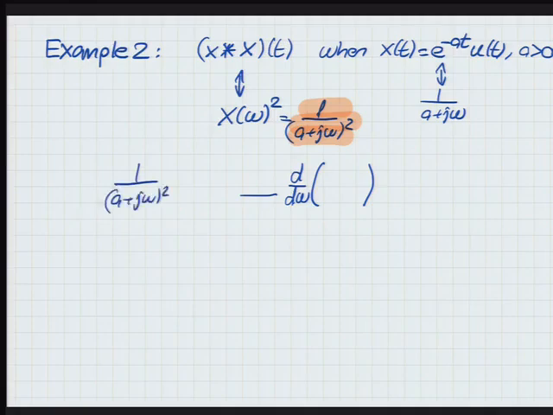What's your answer? So you're saying negative 1 comes in front? Negative j? Alright, is everybody in agreement with this? I'm not going to question it.